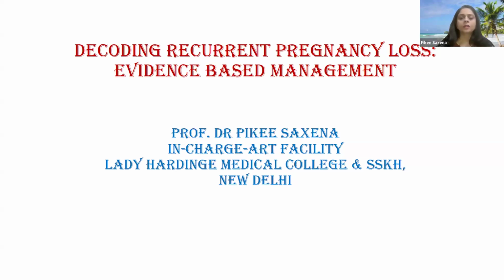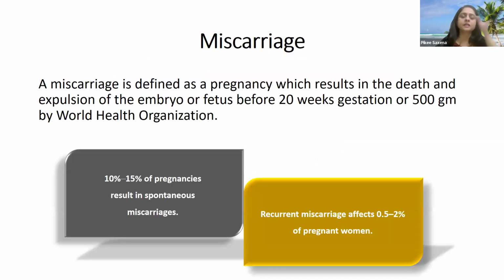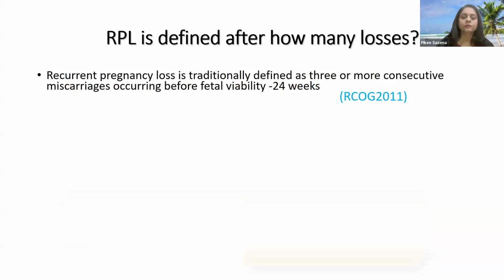So let us see what the evidence says. We have the latest ESHRE guidelines. ASRM guidelines were given much earlier, about 2013 or 14. So most of my slides will be based on the latest ESHRE guidelines 2023.